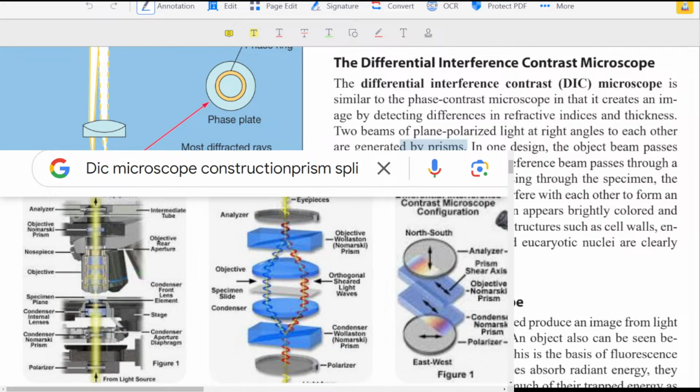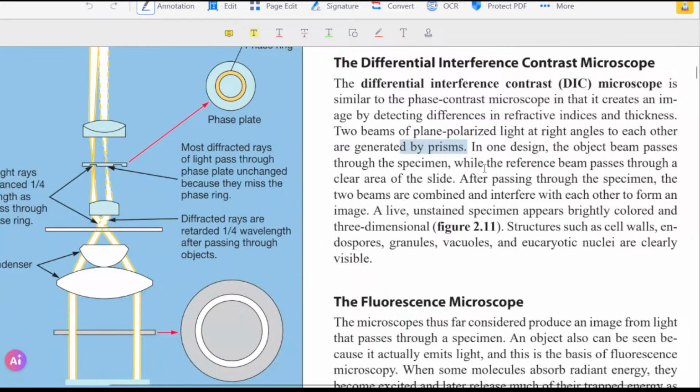They didn't mention this part. Oh yeah, they are talking about only one design. Yeah, they didn't mention how the two beams combine and interfere with each other to form an image.